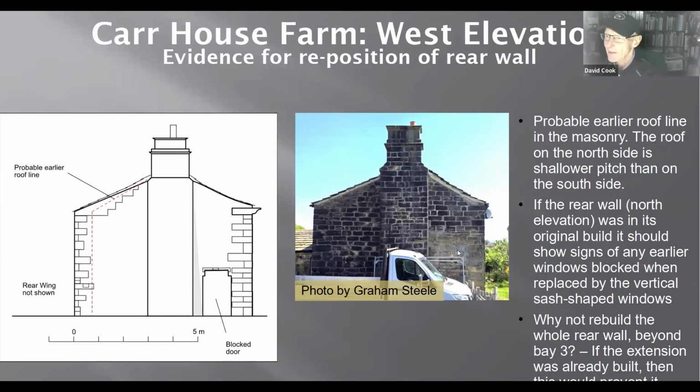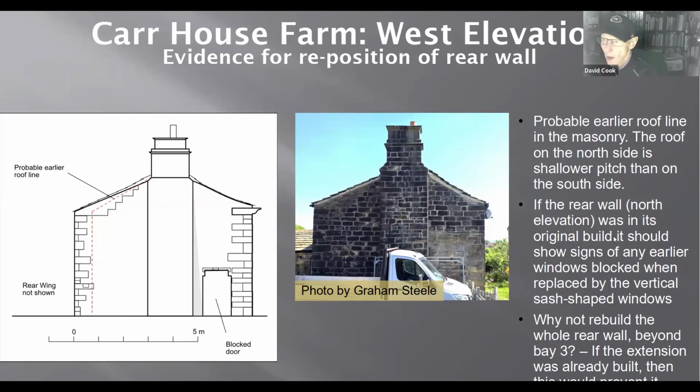So if we're thinking about that west end of that rear north wall, evidence for the repositioning of that rear wall, I'm suggesting that there's a probable earlier roof line in the masonry. The masonry on the north side is a shallower pitch than the south side. So you can see here, this is a shallower pitch than this, and obviously this is deeper here than that.